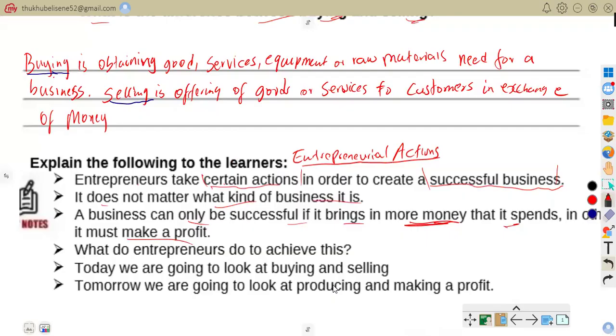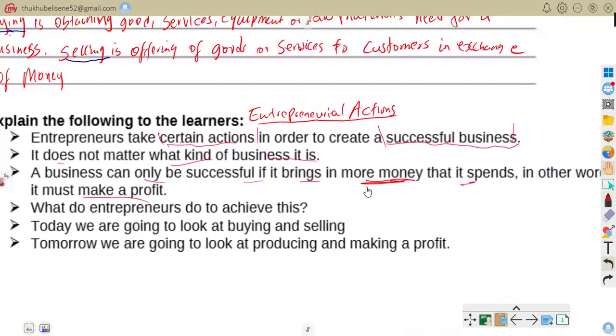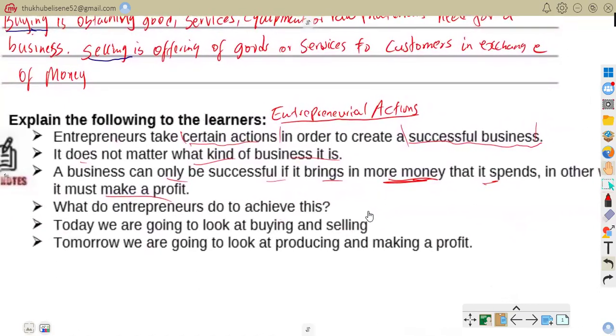A business must make a profit. So a business is successful when it earns more money than it spends.